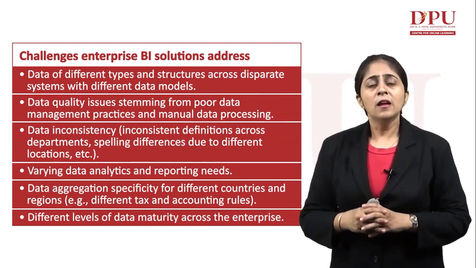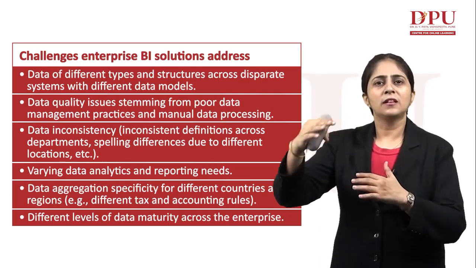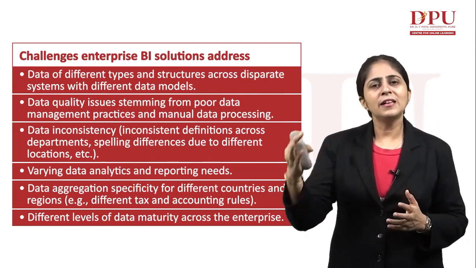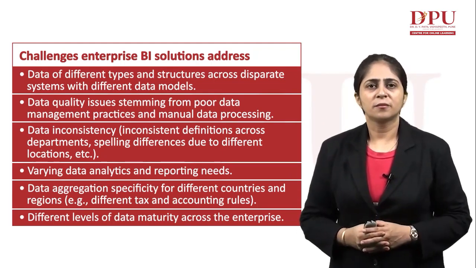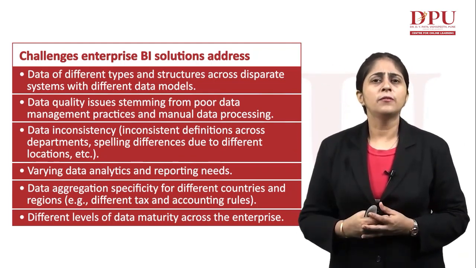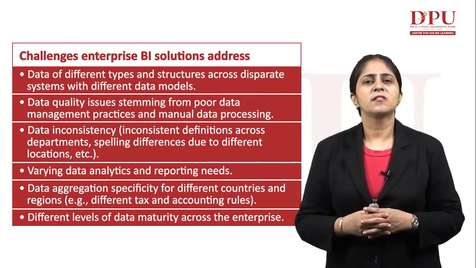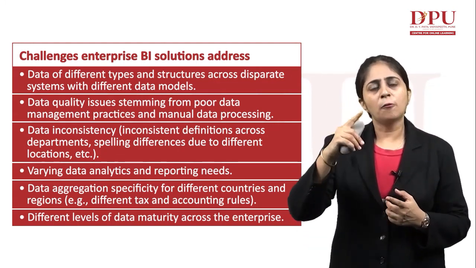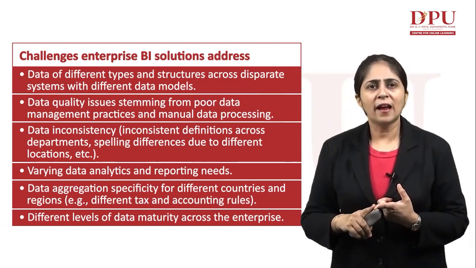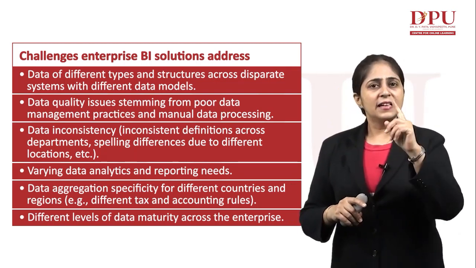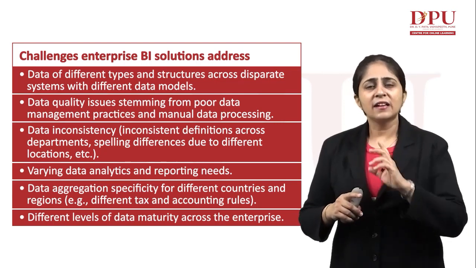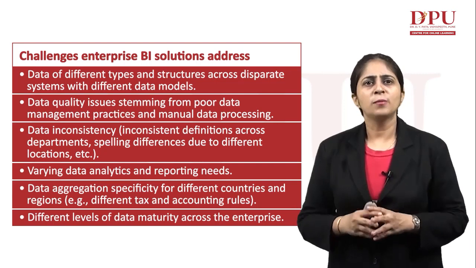So there may be different levels of data maturity across the enterprise, and these different levels have to be addressed. So these are a few of the issues that our enterprise business intelligence solution faces. The first issue is that data of different types and structures has to be handled. The second is data quality issues, which have to be handled. Then data inconsistency has to be handled.